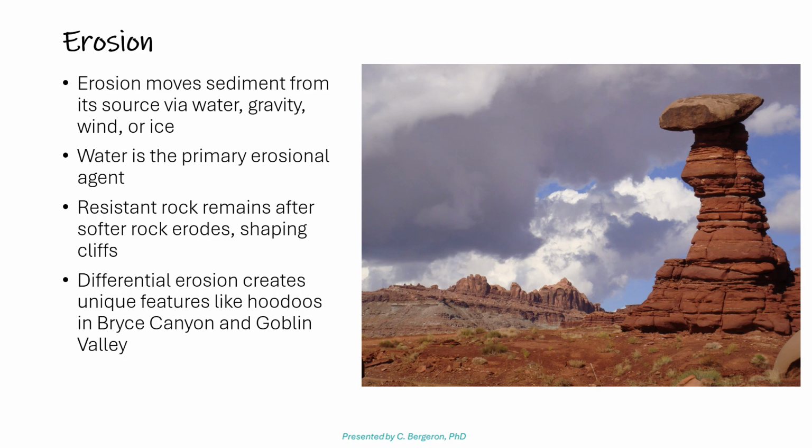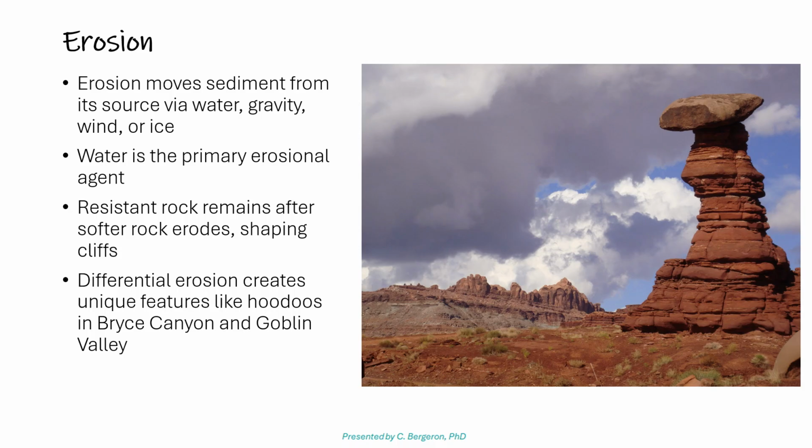And putting aside that solid water, so ice, glaciers are incredibly erosive. Without really having to move very far or travel very far, they can be very erosive. But the opposite of being susceptible to erosion would be being resistant to erosion.